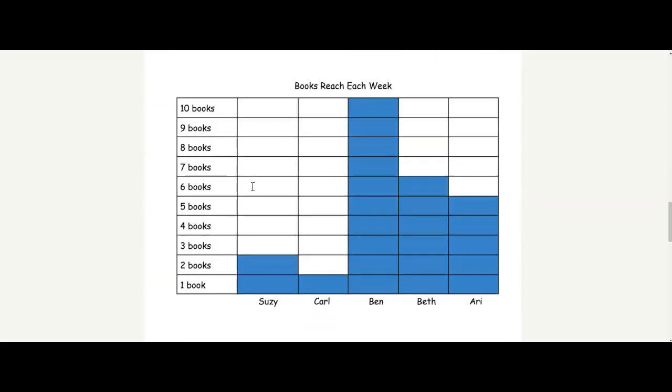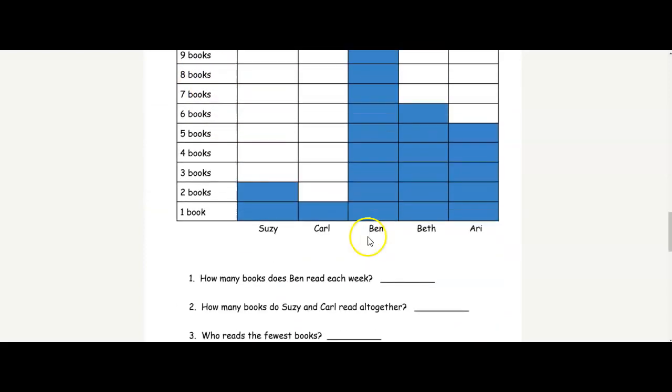Now let's go down to a bar graph. Let's see here. The first question asks, how many books does Ben read each week? From here, we can just look at Ben's name. Ben's right here. And then how many books does Ben read each week?